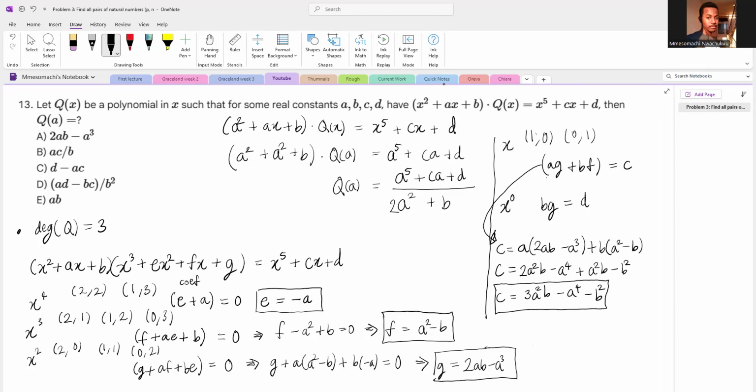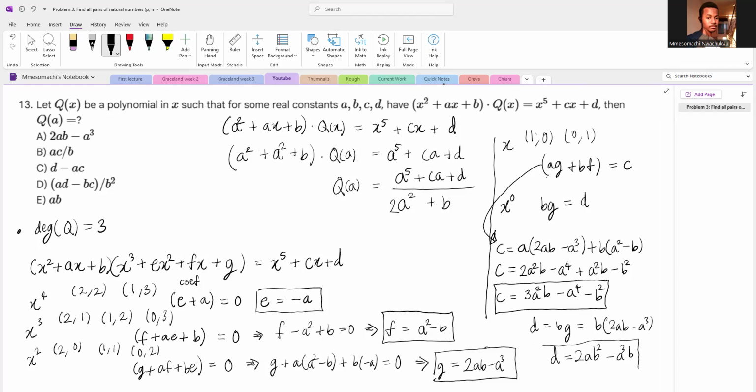And then we have D is equal to BG, which is equal to B into 2AB minus A cubed. So we have D is equal to 2AB squared minus A cubed B.